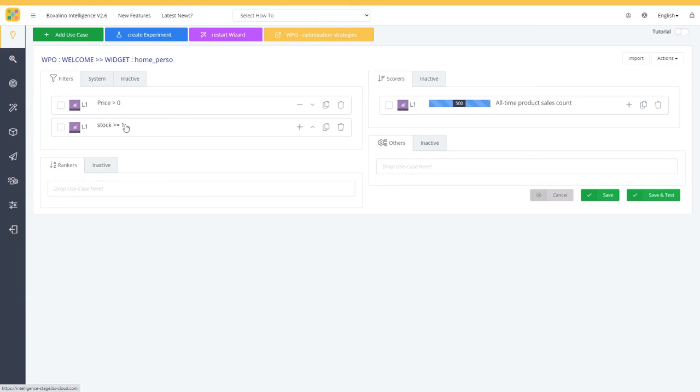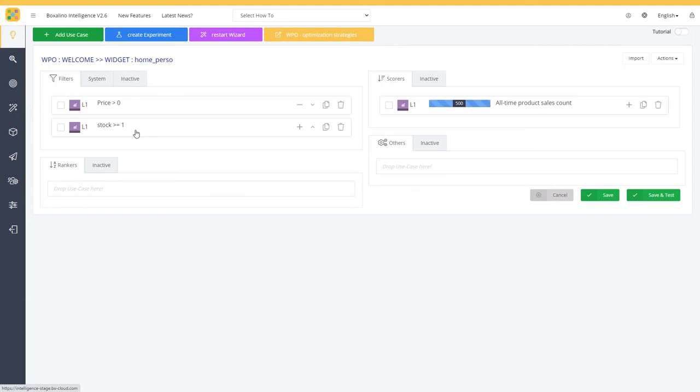But let's assume for a second that there are many products which price is bigger than 0, but there's only 3 products which stock is equal or bigger than 1. Then we would have a problem, because if the system applies both filters, then it would actually only find 3 products. But that's not what you want, because you have 8 positions in your product recommendations and you would like these 8 product recommendations to appear.